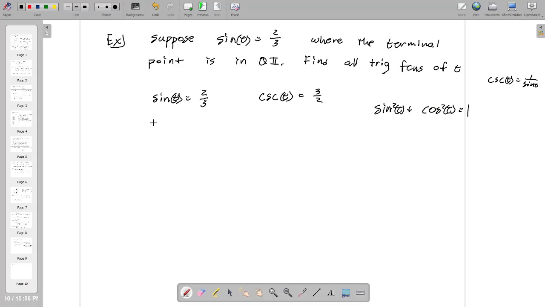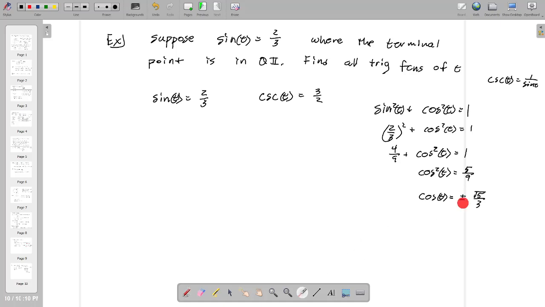If we plug in sine, we get 2/3 squared plus cosine squared t is equal to 1. 2/3 squared is 4/9. If I subtract that over, I get cosine squared t is equal to 1 minus 4/9, which is 5/9. We take the square root, and we're going to get two answers for cosine of t, plus or minus square root 5 divided by 3.